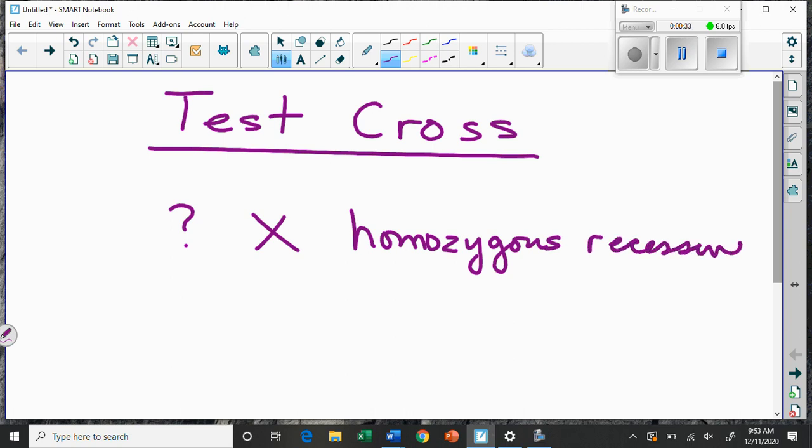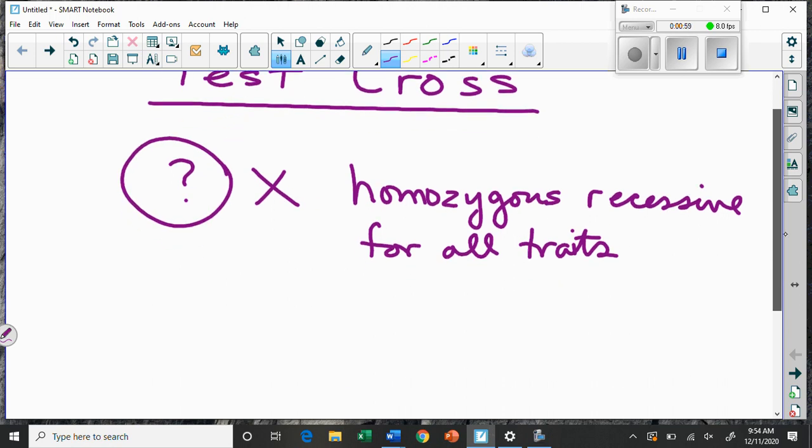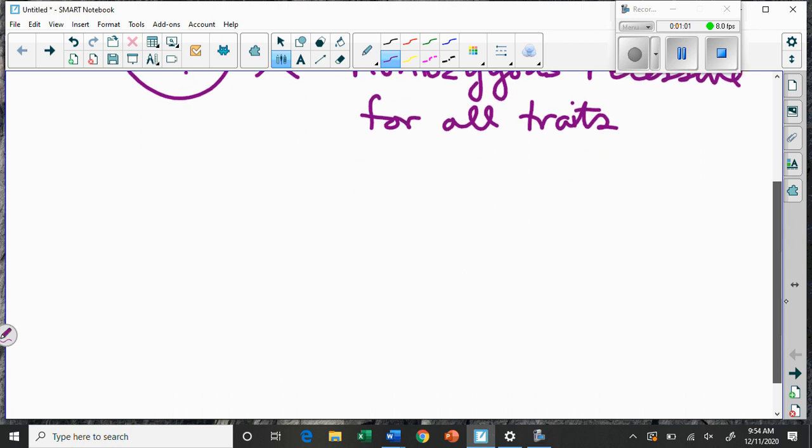If you're doing a single cross, you use the homozygous recessive for that trait. If you're doing a dihybrid cross, you have to do homozygous recessive for all traits. The reason is that we get very specific ratios of offspring, and we can use those ratios to backtrack and figure out what the other parent must have been. So let's look at the possible ratios that you could get.